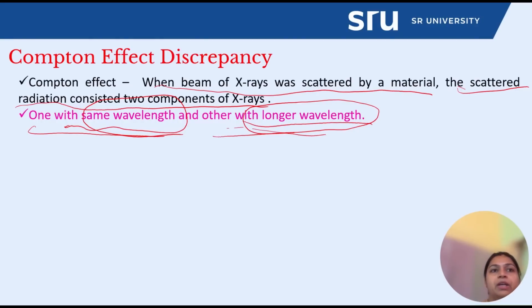Compton first directed the X-ray at a graphite target, and then observed the scattered X-ray using a spectrometer. This scattered X-ray had a longer wavelength as well as the same wavelength, and this contradicted classical electromagnetic theory. So this too is a contradiction of classical mechanics, and here is the quantum explanation.